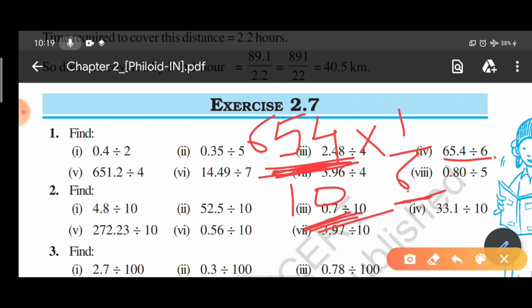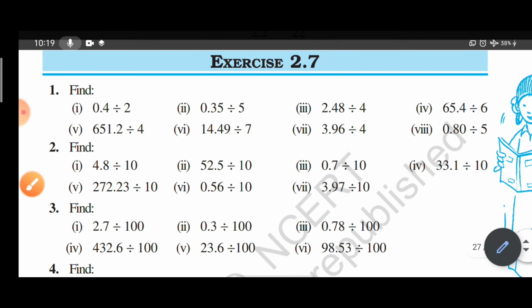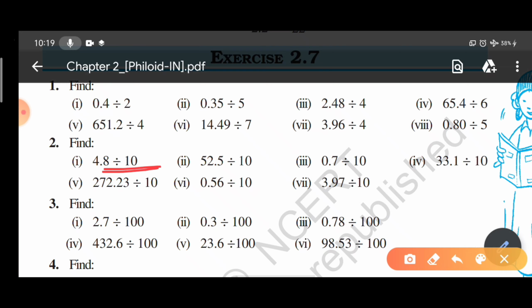Okay, so in that way you can easily solve these problems. For these particular values, I already told you, if there is one 0, shift the decimal point 1 place to the left hand side. So in that way you can simply do these kinds of questions.